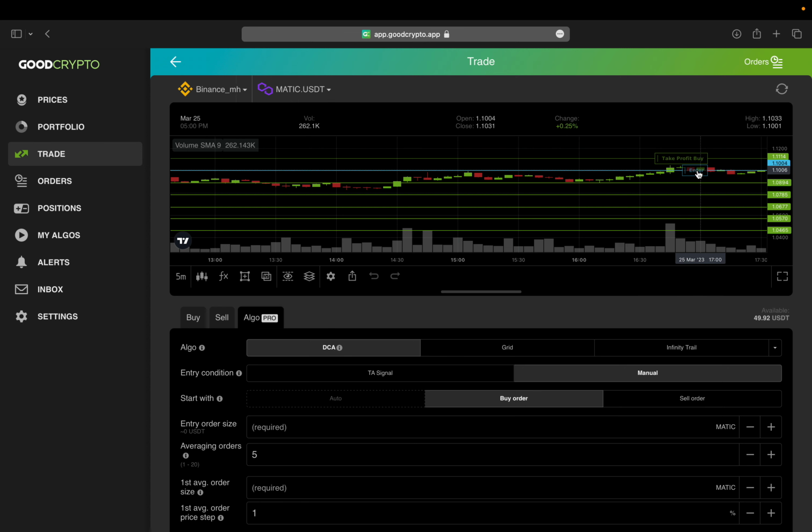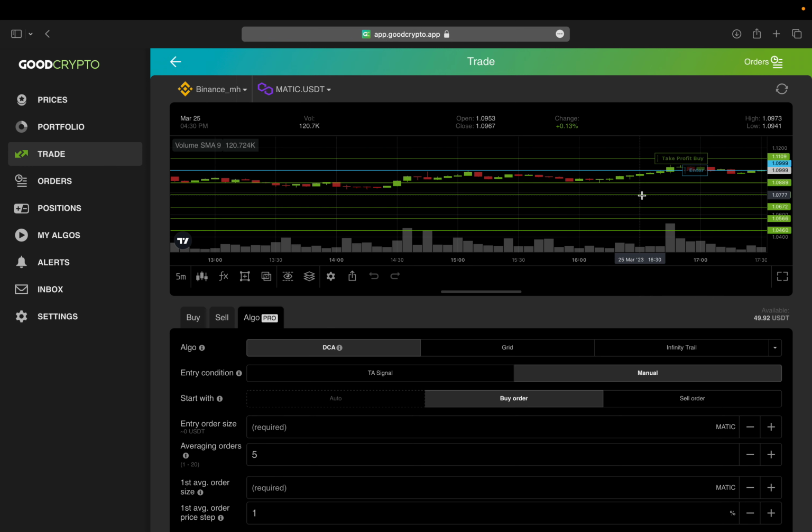So if you bought one coin here and added another coin here, your take profit, which was for one coin, will move lower and will now be for 2 coins. And the same will repeat basically if the price keeps going against you and your averaging or safety orders keep executing, right? Same goes for a stop loss, right?